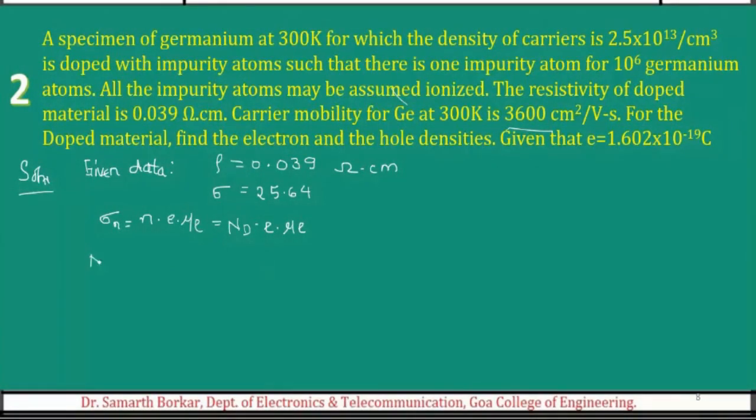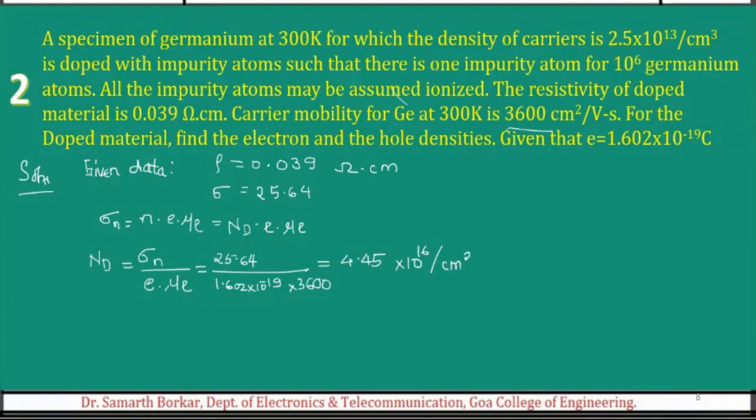So Nd will be equal to sigma n, that is the conductivity only due to the electrons, divided by the product of e into mu e. Next step is to substitute 25.64 divided by e, which is 1.602 into 10 to the power minus 19, and 3600. So the value you get is 4.45 into 10 to the power 16 per centimeter cube.